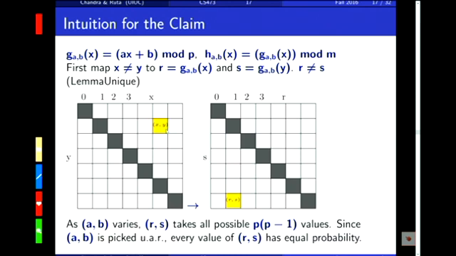P times P minus 1, right? And I'm claiming that as you vary A and B, because you are sampling this function H_AB, you create all possible values of this pair R comma S. So there is a one-to-one mapping between AB and RS.